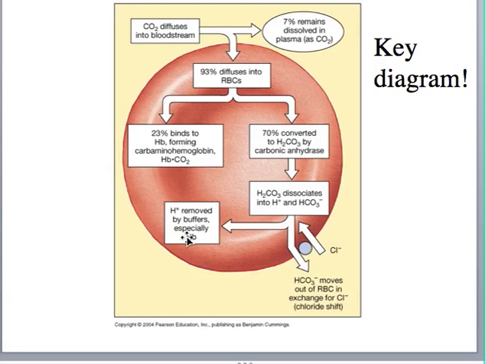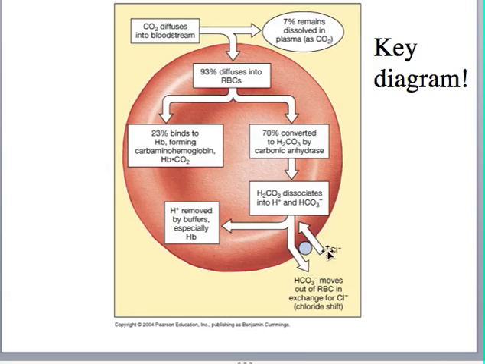They can actually pick up hydrogen ions or other ions, and so hemoglobin will pick up the hydrogen ions, and the bicarbonate ion will actually diffuse out of the red blood cell by means of a little transporter, and it moves out of the red blood cell in exchange for the chloride ion.